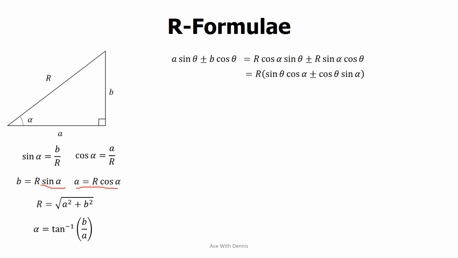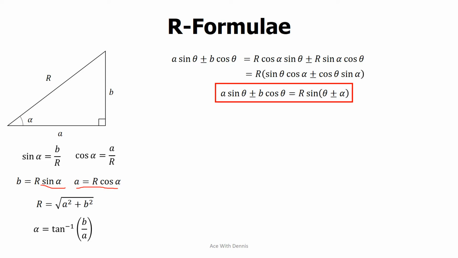Then we can factorize the R. It will be R bracket sine theta cosine alpha plus minus cosine theta sine alpha. And then we can say that A sine theta plus minus B cosine theta equals R sine theta plus minus alpha. Remember the formula, sine A plus B equals sine A cosine B plus cosine A sine B.